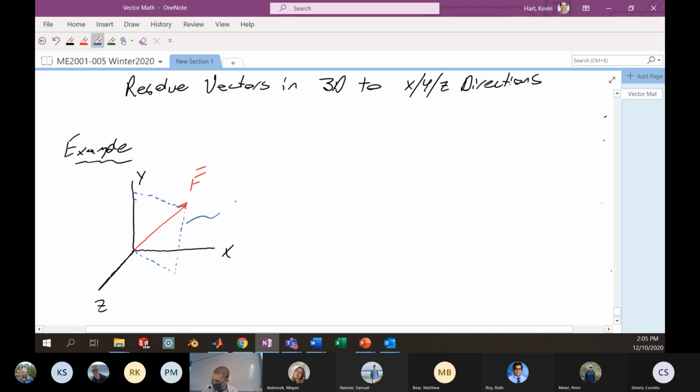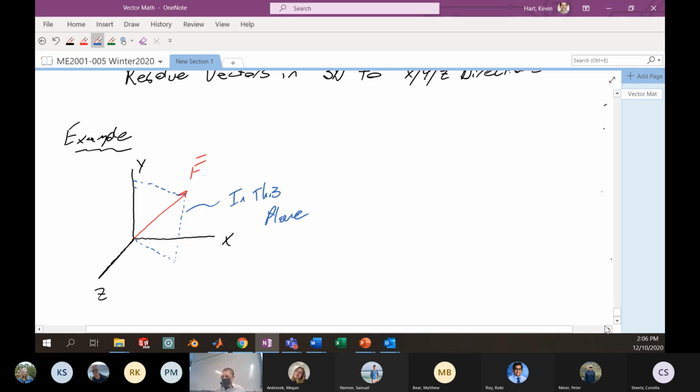Right. And let's say that this particular vector F makes an angle with the y-axis, which we're going to call theta y. So this guy makes an angle with the y direction, which here is this angle theta y.